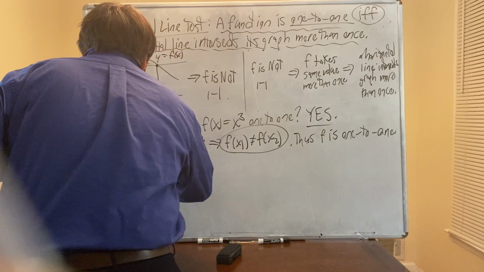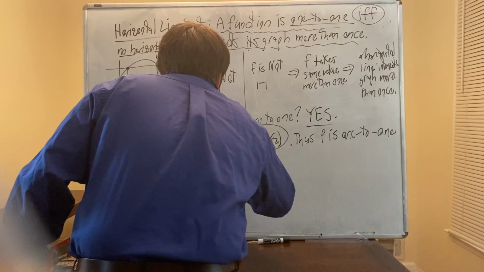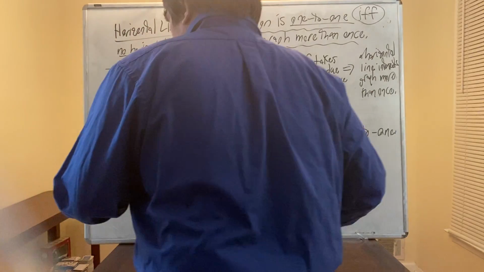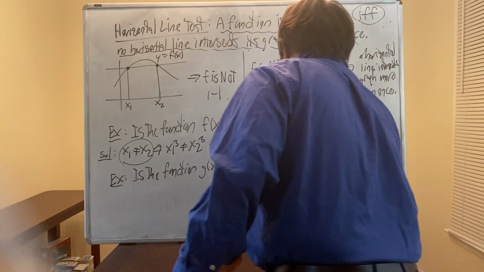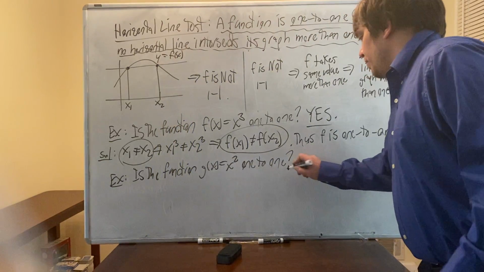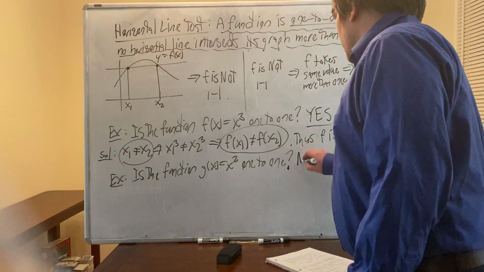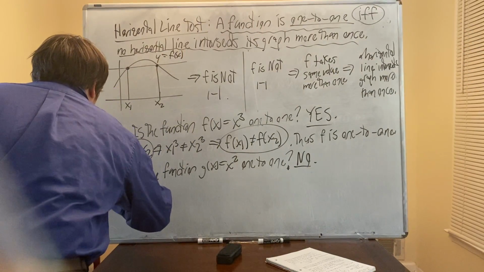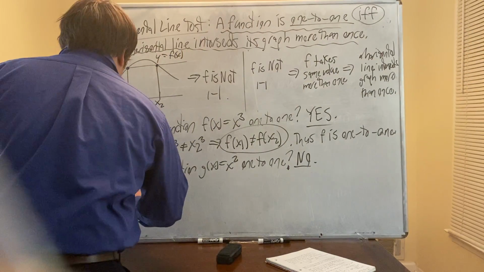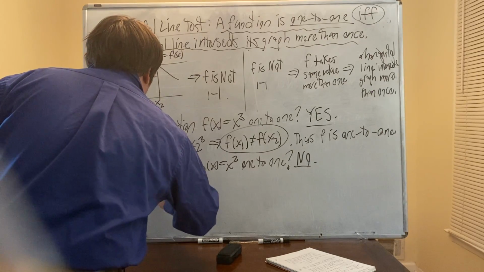Is the function g of x equals x squared 1 to 1? And so the answer is no. And so why? The solution to that, the proof, is that g of 1 is equal to 1 squared, which is 1.